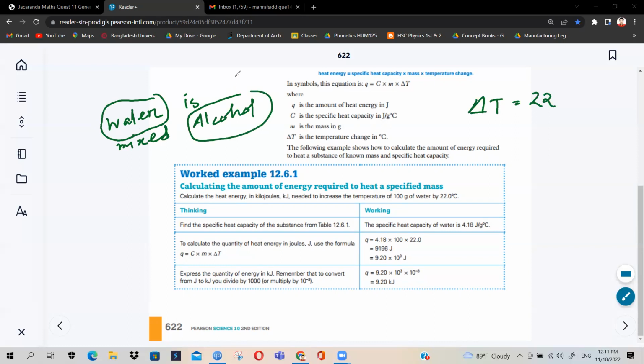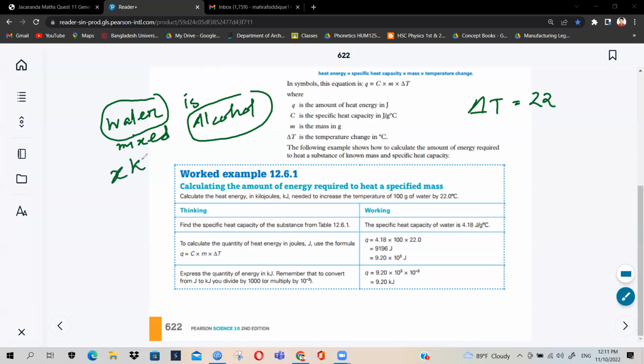If they gave us the temperature of the mixture, we would have calculated by ourselves. Or in the other case, we would have taken the temperature as say X Kelvin.